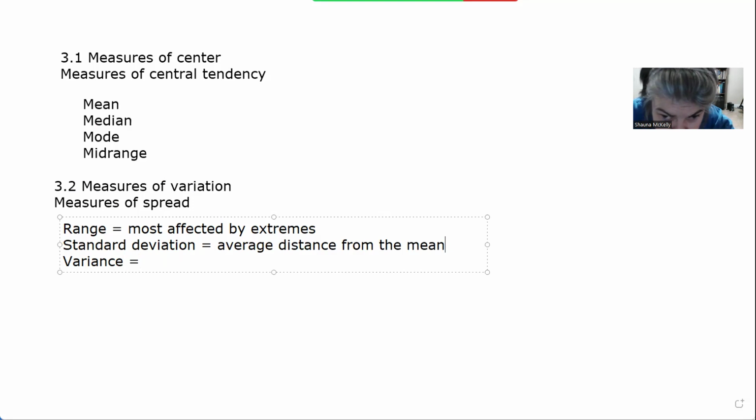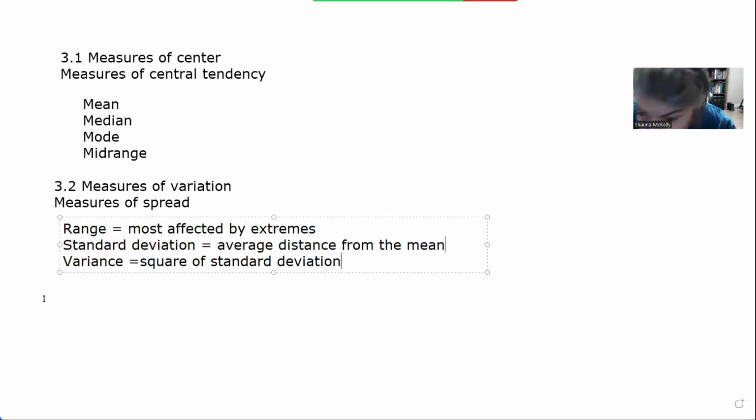What you need to know is that to get the variance, it's the square of the standard deviation. That's how it's calculated, and you know that already, but just to give you some help with that. So those are measures of variation.